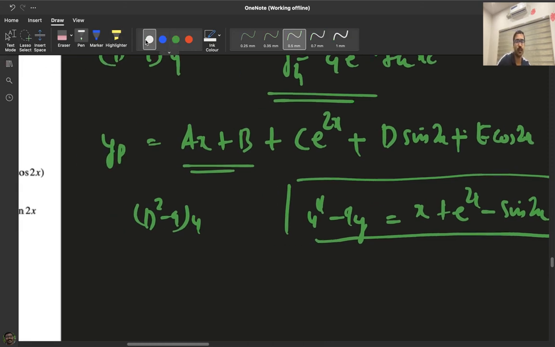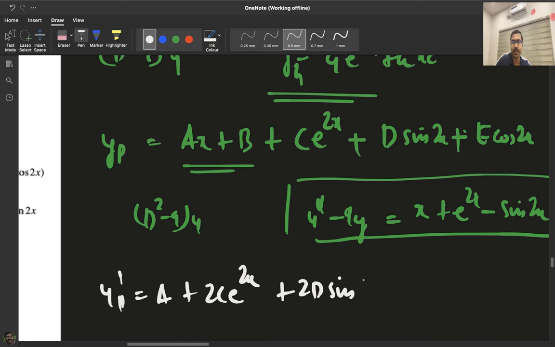So what is y dash? Y dash is simply a plus 2c e raised to 2x plus 2d cos 2x minus 2e sin 2x.